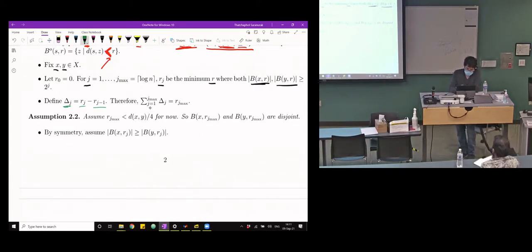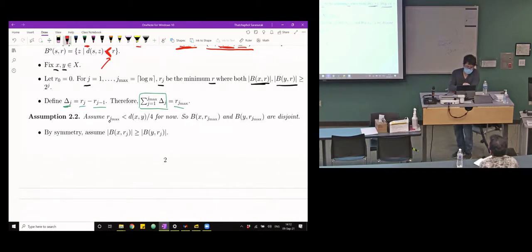And note, by the way, that if I sum up this delta, then the sum telescopes, right? And you get r_j max.